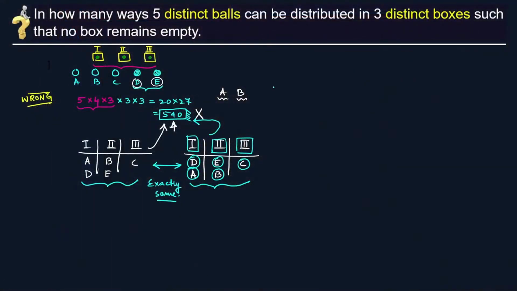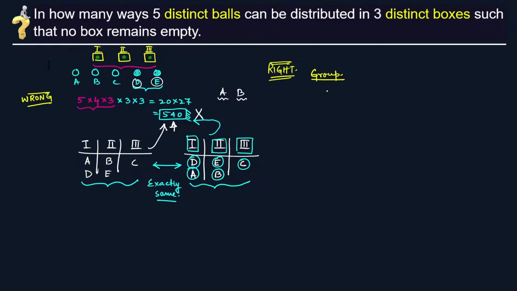Okay, so now let us come to the right approach. For the right approach, I will first make a group of these 5 balls. In this, we are forming 3 groups, and all these groups will be filled by these 5 balls.